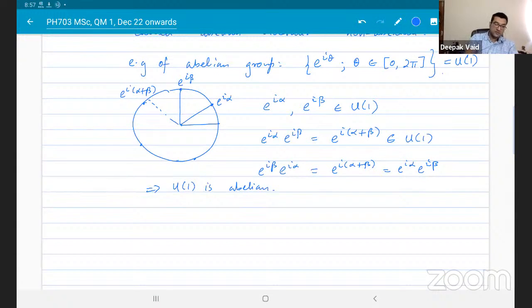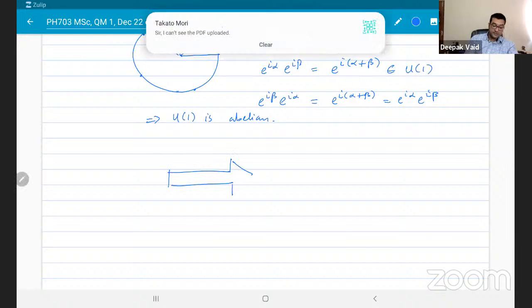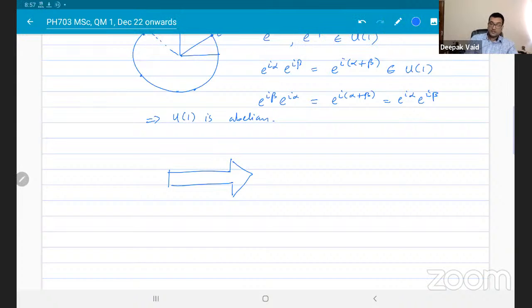What is it? So, anybody else? Aditi? What is this group? So let me give you something like this. I have an object like this. If I apply this group e to the i alpha to this object, what will be the resulting object?